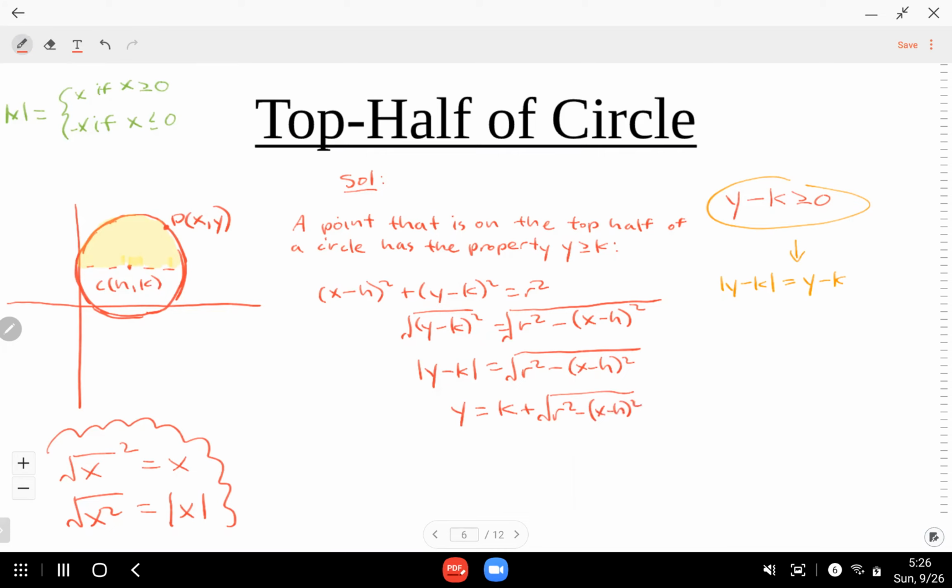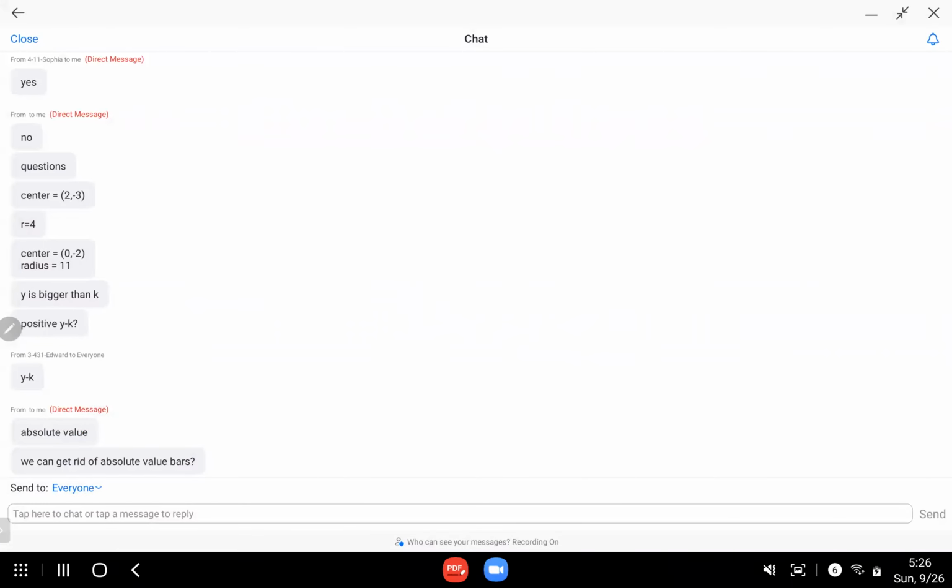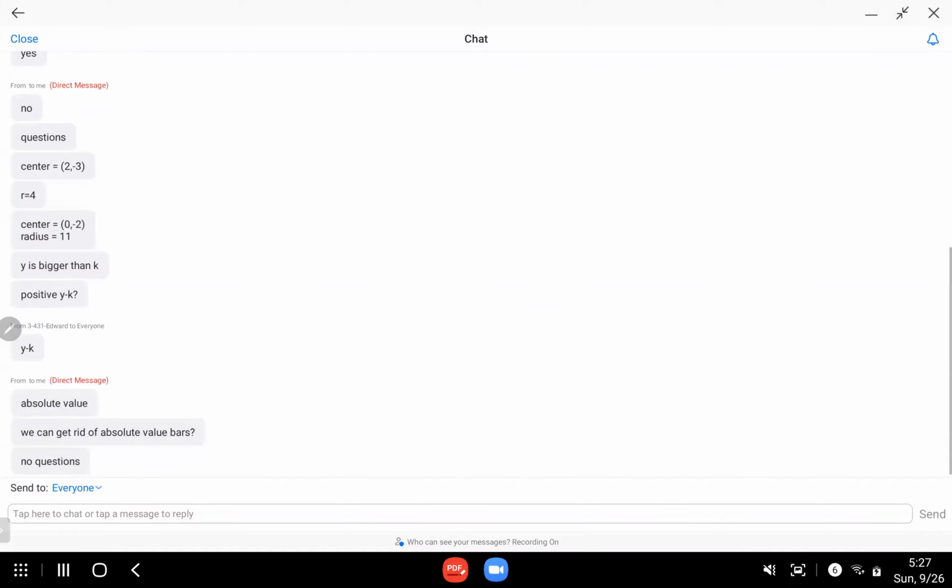Now this is the equation of the top half of the circle. This is the top half of the circle. Okay. So are there any questions on this property? Any questions? Yes, we can get rid of the absolute value bars.